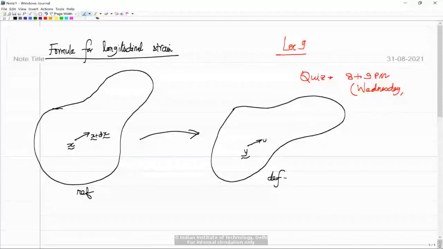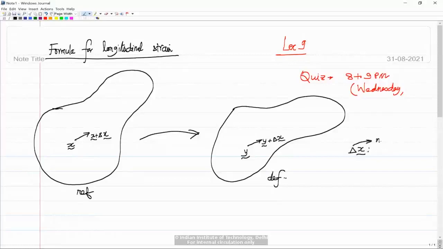And let's make it not dx but delta x. You must know the difference between delta and d, isn't it? Delta x is just some length.